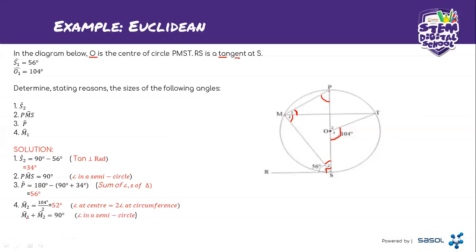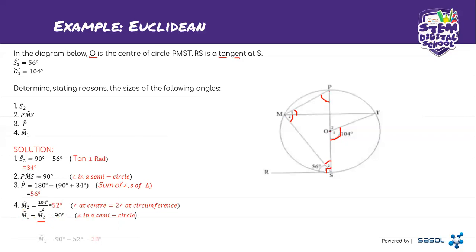And then we said angle M1 plus angle M2 is equal to 90. Remember, we have solved that earlier on, that angle M equals 90, right? Since we have determined angle M2, it's going to be easy for us to determine angle M1.